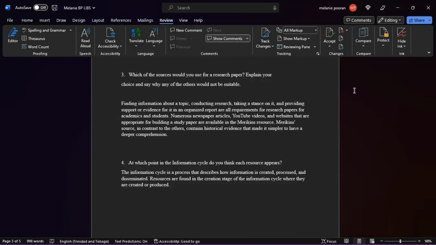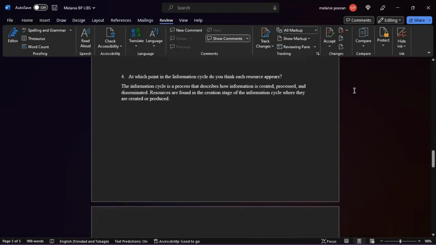Numerous newspaper articles, YouTube videos, and websites that are appropriate for building a research paper are available in the Merkin's resource. Merkin's source, in contrast to the others, contains historical evidence that made it simpler to have a deeper comprehension and understanding.